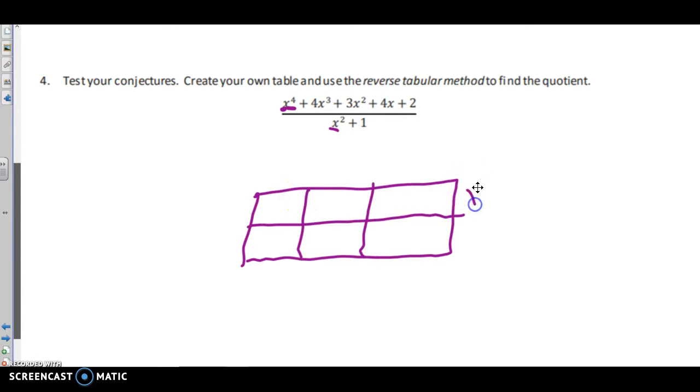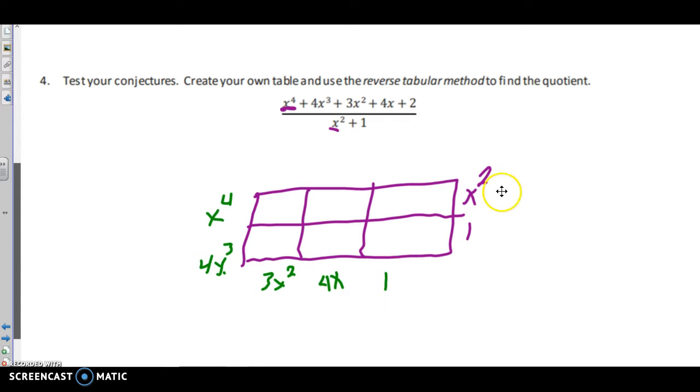I know x squared and 1, and I know I am going to get a final answer of x to the fourth plus 4x cubed plus 3x squared plus 4x plus 1. And again, I'm looking for that number on top.